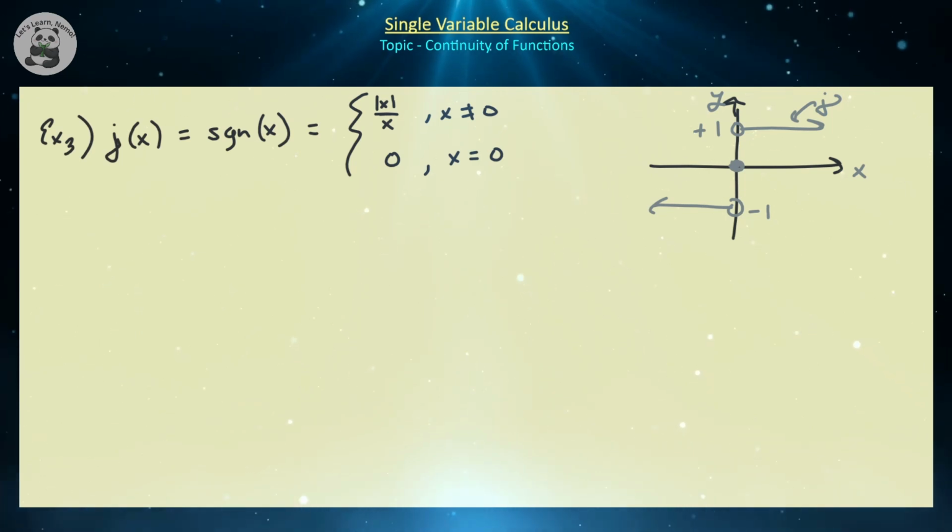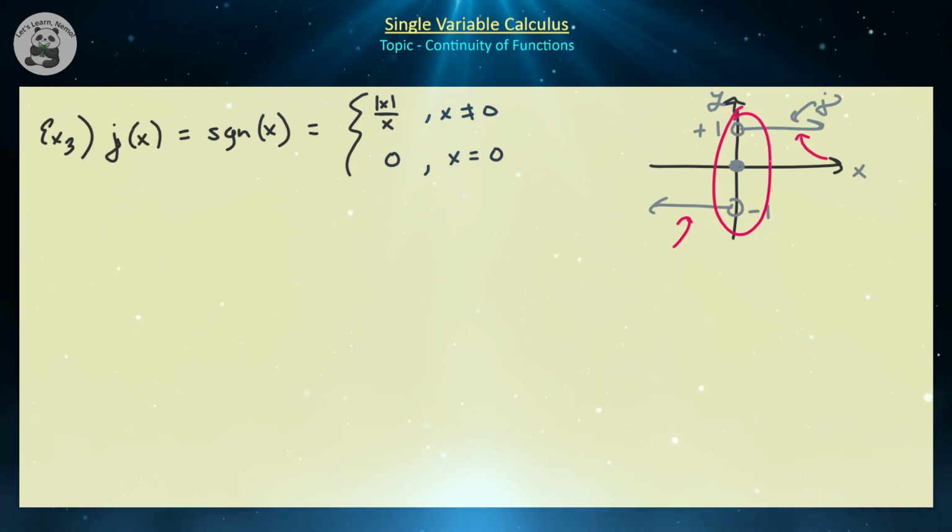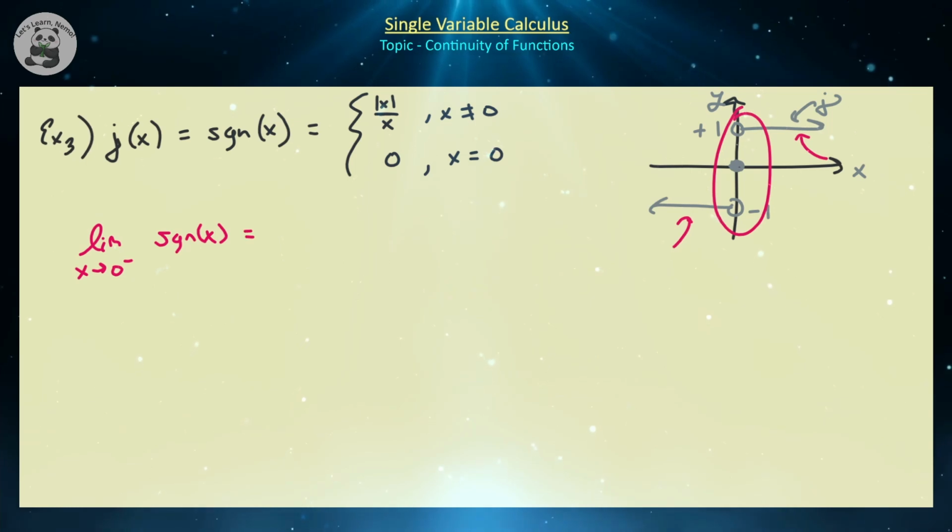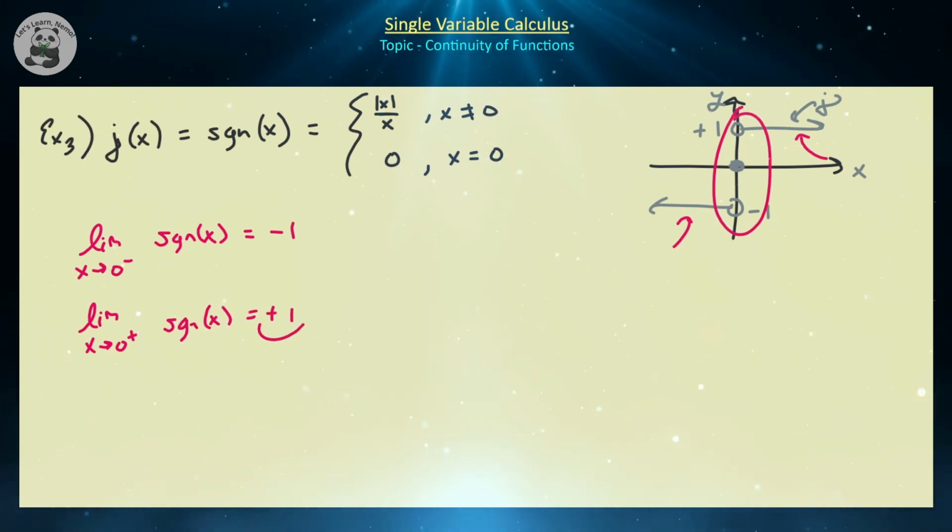So, is this function continuous everywhere? Well, obviously it's going to be continuous on x less than 0, and continuous on x greater than 0, but at x equals 0, it does have some issues. In particular, the limit as x approaches 0 from the left-hand side of the sign function is equal to -1, and the limit as x approaches 0 from the right-hand side is equal to +1.